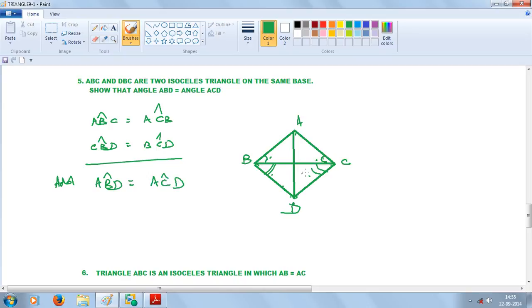We have to add these two angles. Isosceles triangle means two angles are equal on the same base. BC is the base. That's why we are telling angle B and C are equal, with the same base. Base is BC.